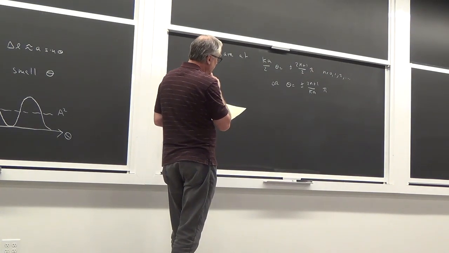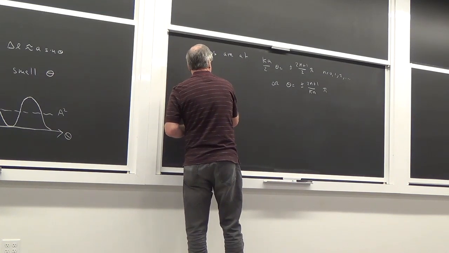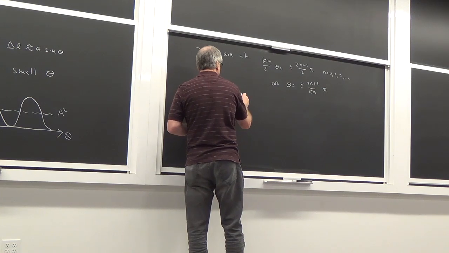So that's maybe not the best way to describe it. Let's use the fact that k is 2 pi over lambda.